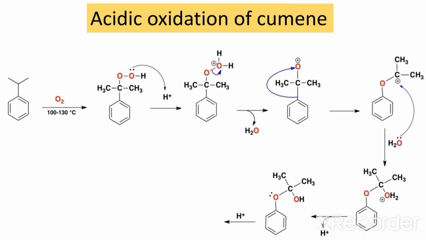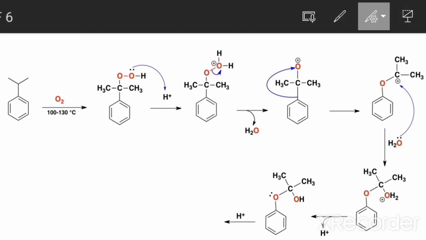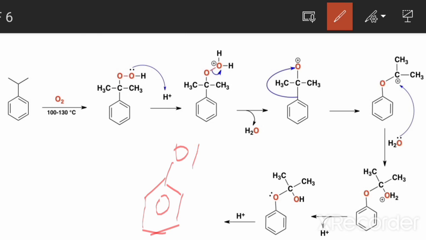To completely stabilize and get the final product, that is phenol, we need the protonation of this compound. So when the protonation occurs, we have our final product, phenol. It is like this: there is a benzene, and on that this oxygen gains the proton and forms phenol.